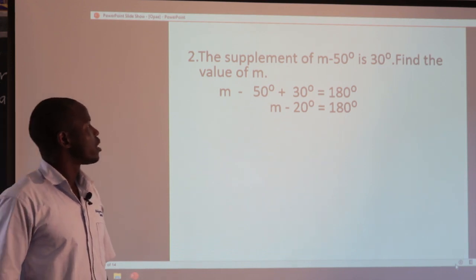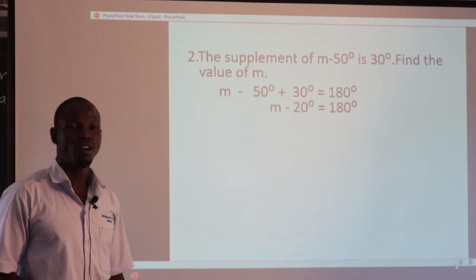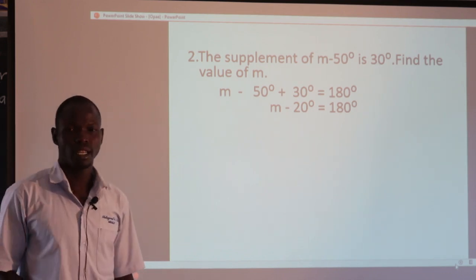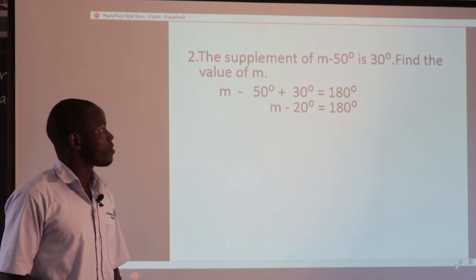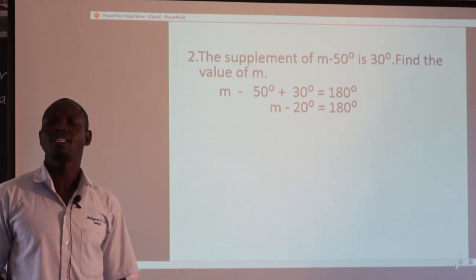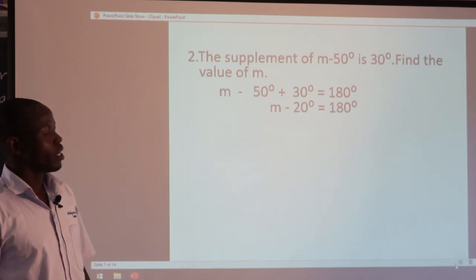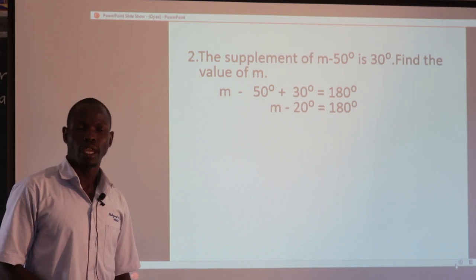As you see below it, we have simplified the equation we formed as m minus 20 degrees is equal to 180 degrees. However, when you look at the first step there, minus 50 degrees plus 30 degrees, that's where there is a problem in simplifying such integers. Now children, here the signs are different, which is okay.